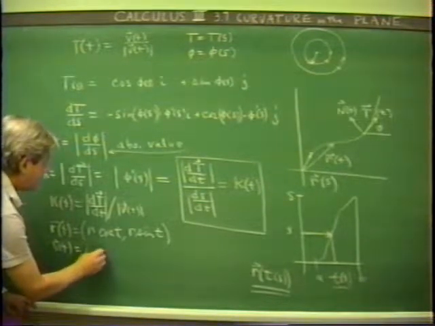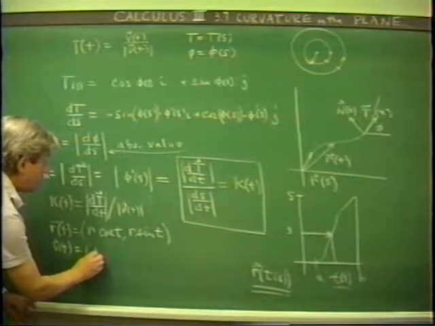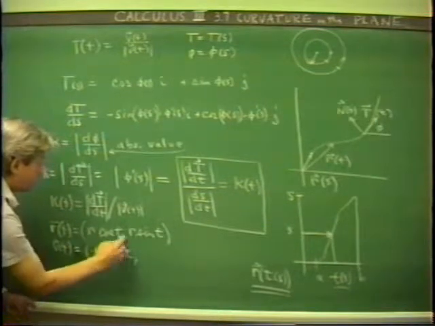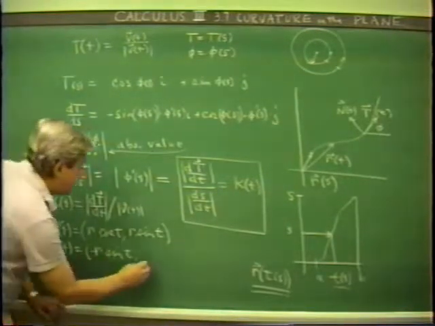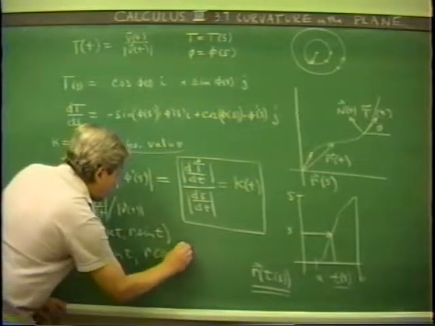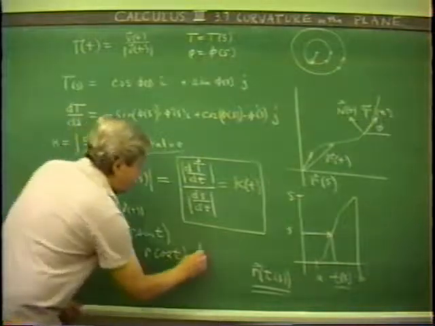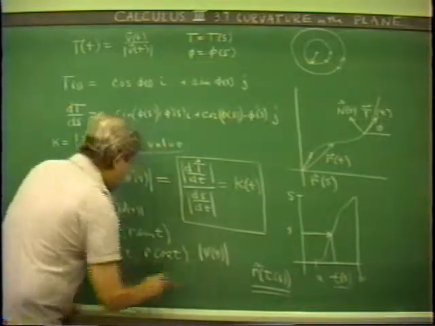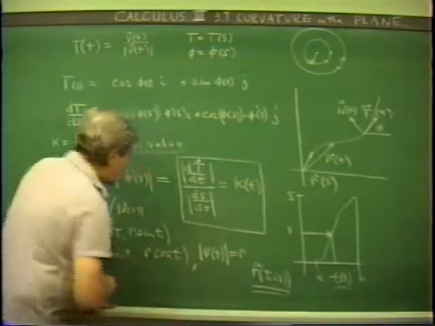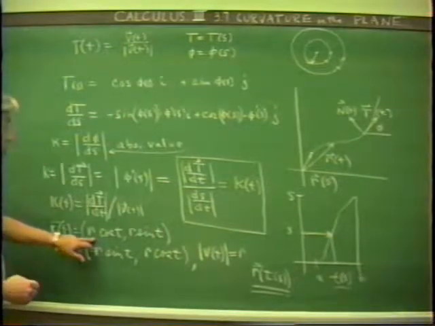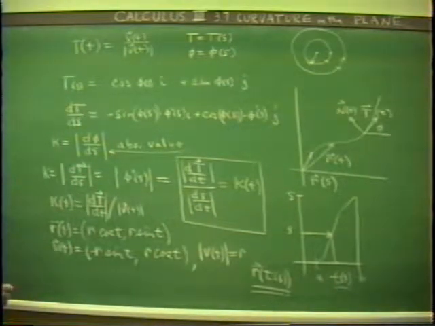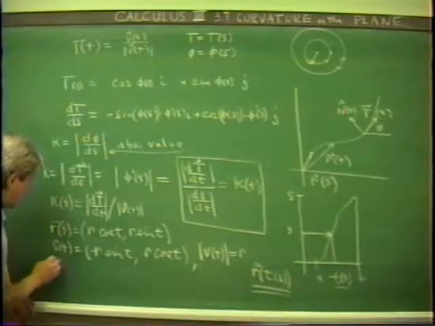So v of t is minus r sine t, r cosine t, since the derivative is minus r sine t in the first coordinate and r cosine t in the second. The magnitude of v of t is r, so this parameterization of the circle has speed r.